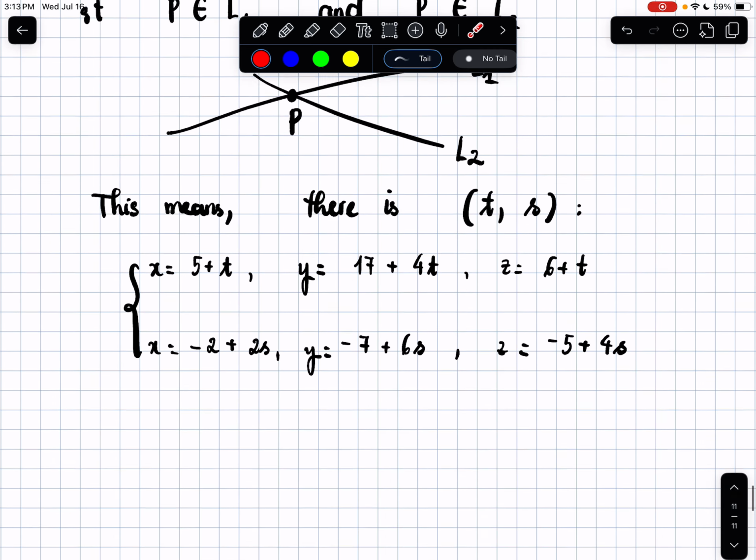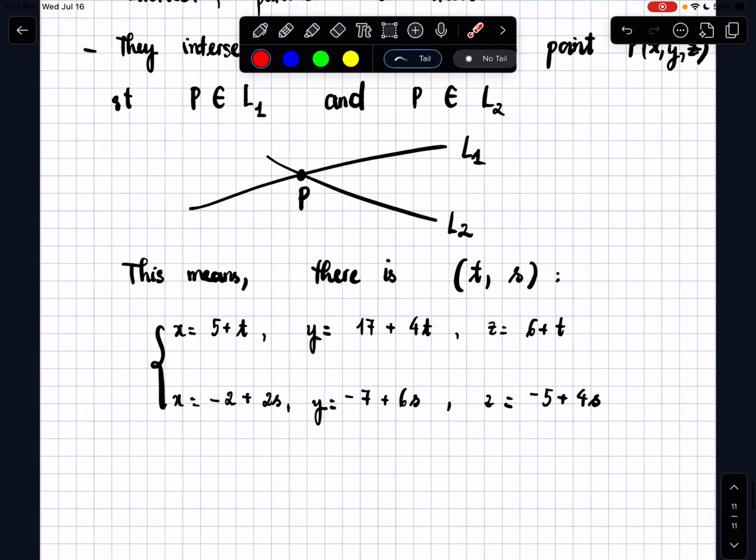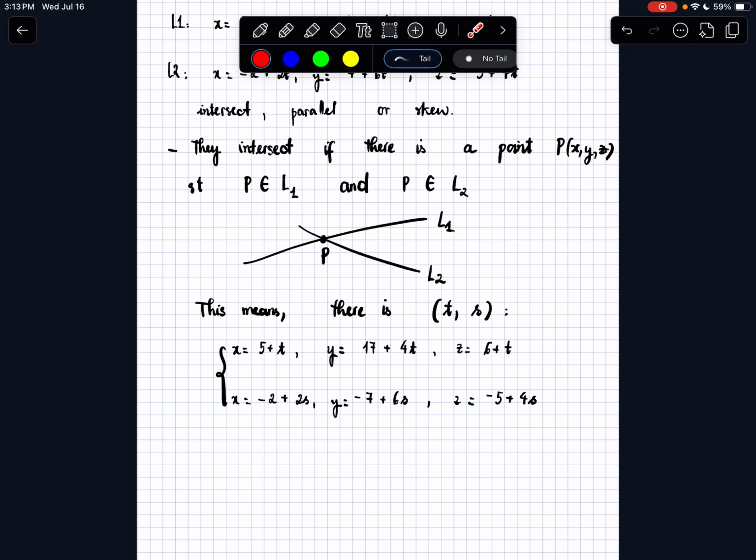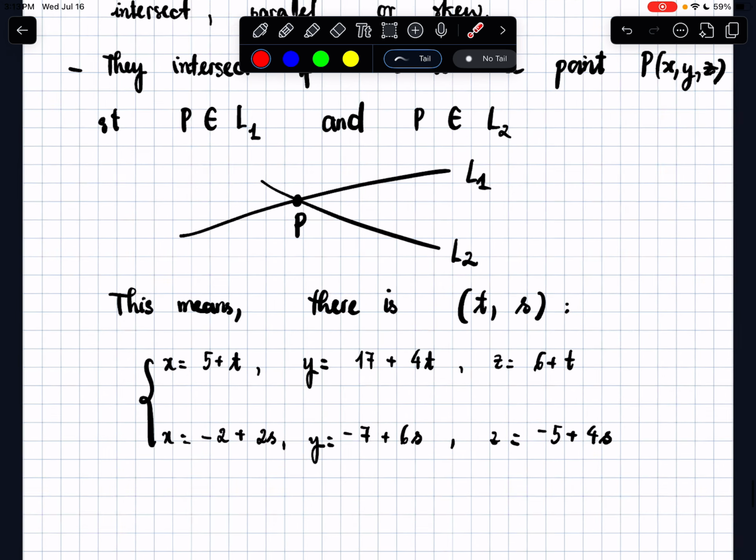Okay, so here's the strategy to check. We do it later for checking the intersection. So if there exist such T and S satisfying this system of equations, then they intersect. What about parallel?